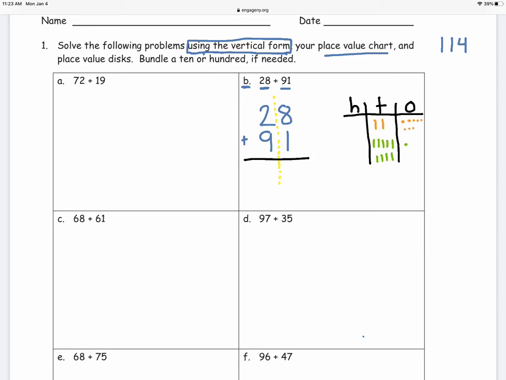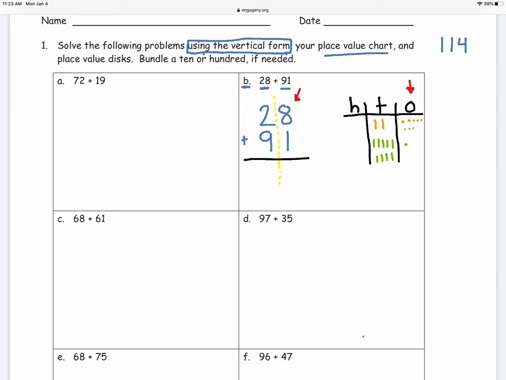Okay, and we are ready to solve. So where do we start? Do we start by adding our hundreds, our tens, or our ones? Well, we always start with your ones. Always start with your ones because we might have to move them over. Alrighty?